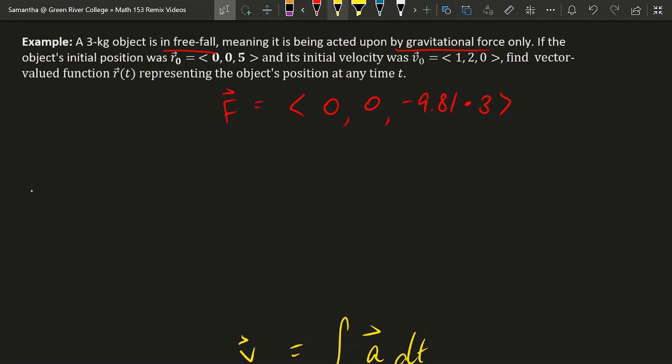Now, Newton's law says that that is going to be the same thing as mass times the acceleration vector. So let's go through and divide out that mass to find the acceleration vector for an object in freefall.